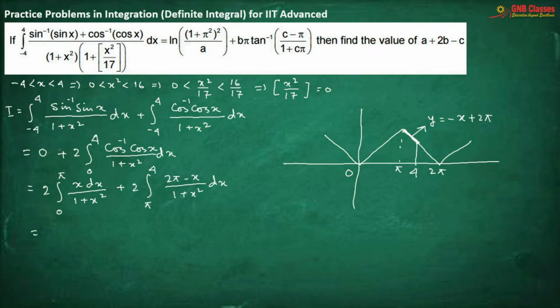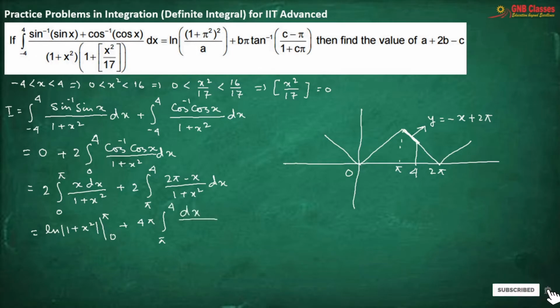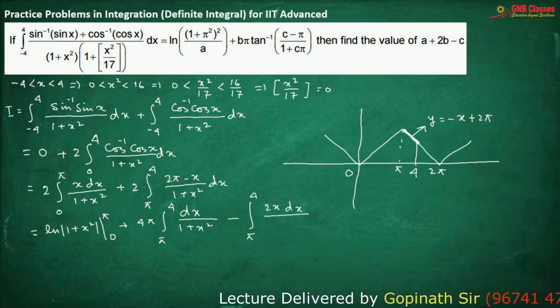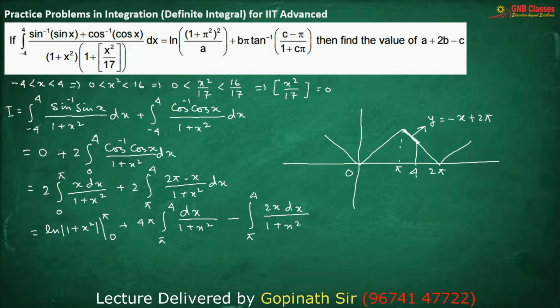So from the first integration, we are getting ln|1 + x²|, and for the second one I am separating it. So we have the integral from π to 4 of dx/(1 + x²) minus the integral from π to 4 of 2x dx/(1 + x²).